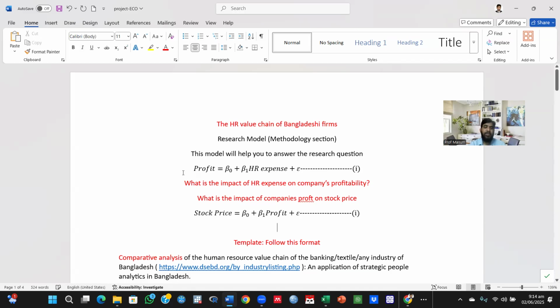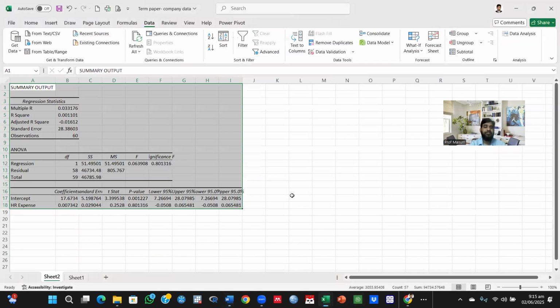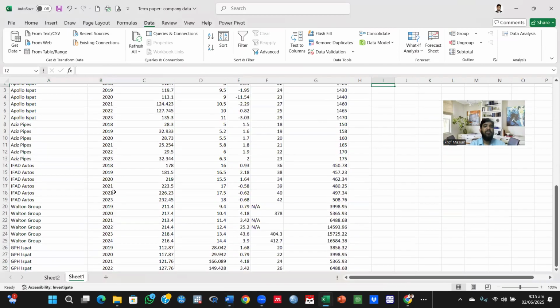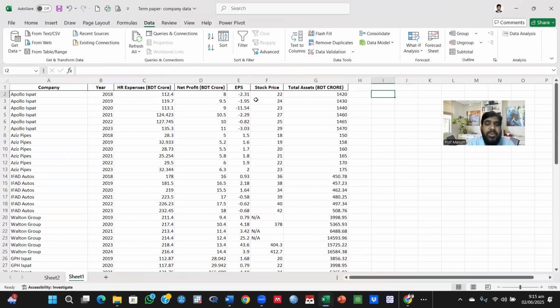So now you have got the results for this equation. Now you're also going to get one more result, and the relationship is between stock price and the firm's profit. So again, go to your data set. Here is your data set. Now you quantify the relationship between stock price and profit.